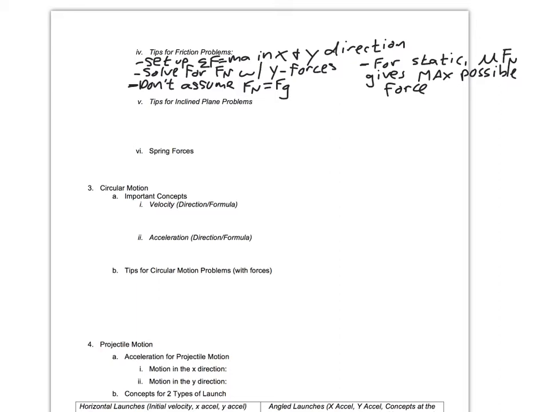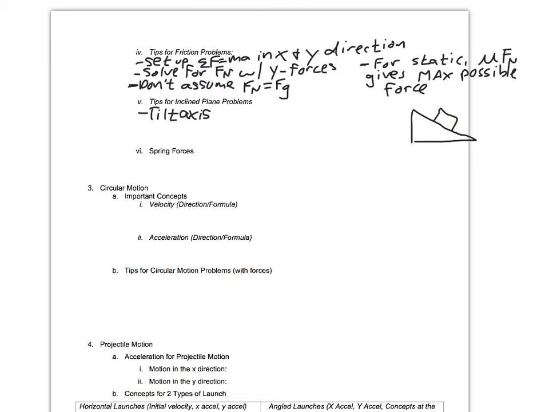Next we're going to talk about inclined planes. Let's first think about the forces acting on an object on an incline. We have the force of gravity, of course, going straight down. We're also going to have the normal force, Fn, going perpendicular to our surface. And we use a little trick here with inclined planes where we tilt our axes. We take our x-axis and make it parallel to our incline, and we take our y-axis and make it perpendicular to our incline.